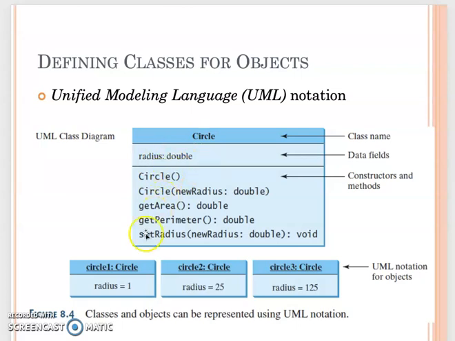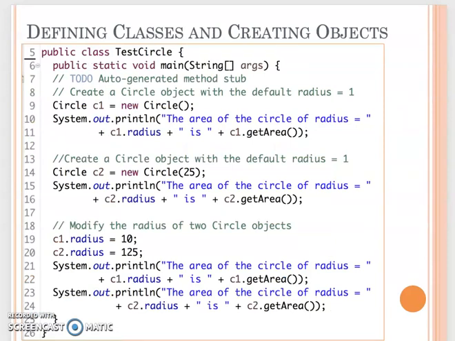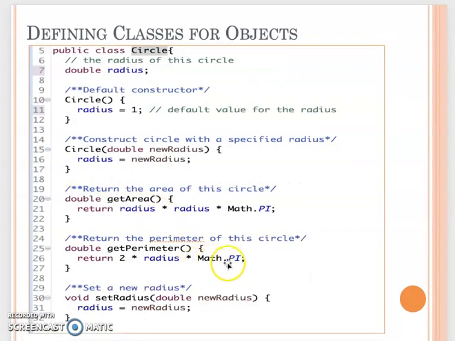Pi actually does not belong to any circle; it belongs to the universal. Any circle using pi is using the same pi. Since we already defined pi in the math class, pi is a static variable belonging to the math class.